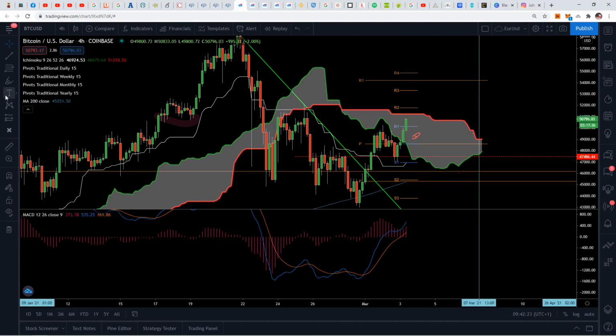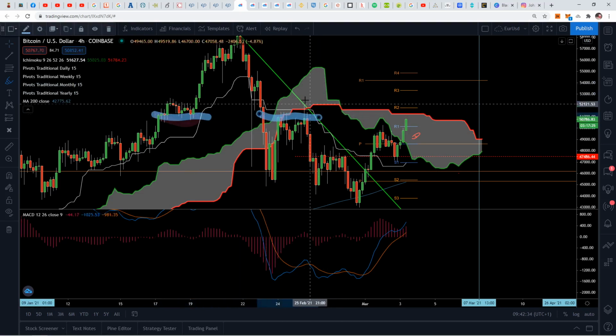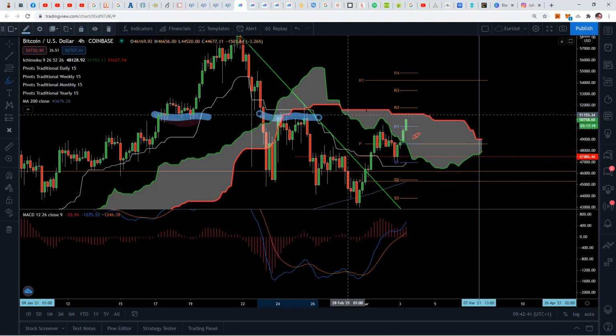So just to show you where we have the support and resistance, here we have a support zone. Here we have resistance. So this support became resistance. This is reflected in the rather flat Kumo cloud here.